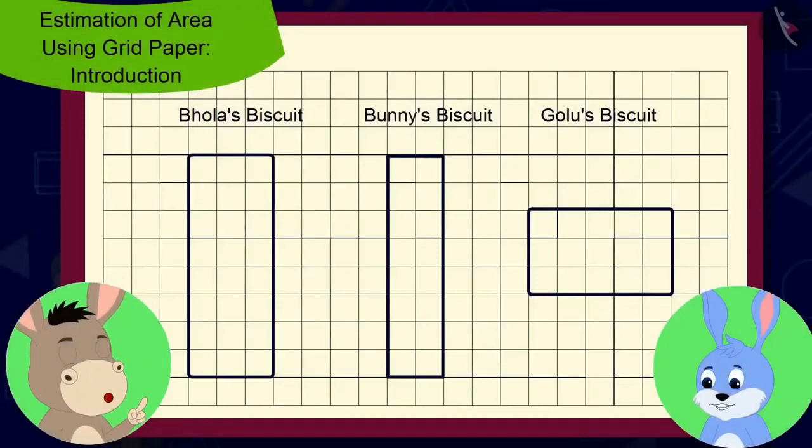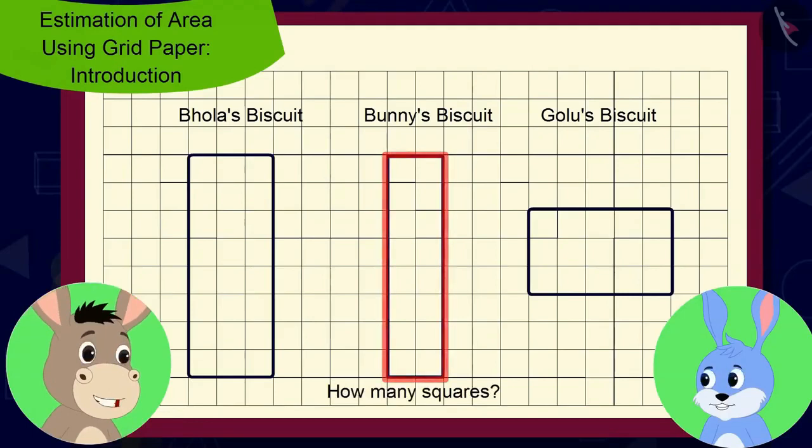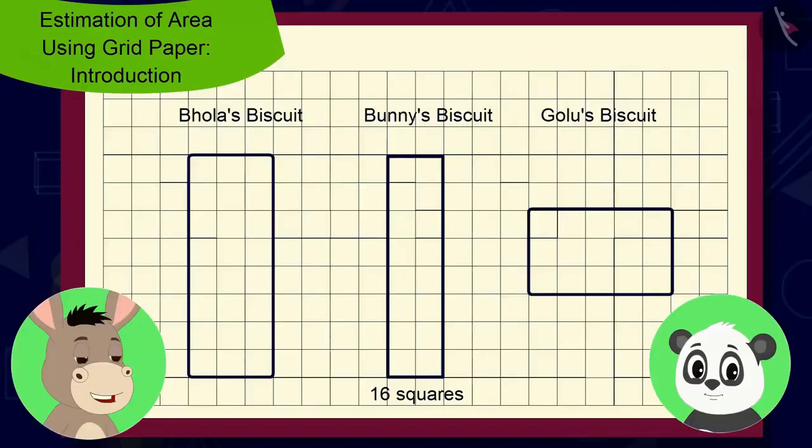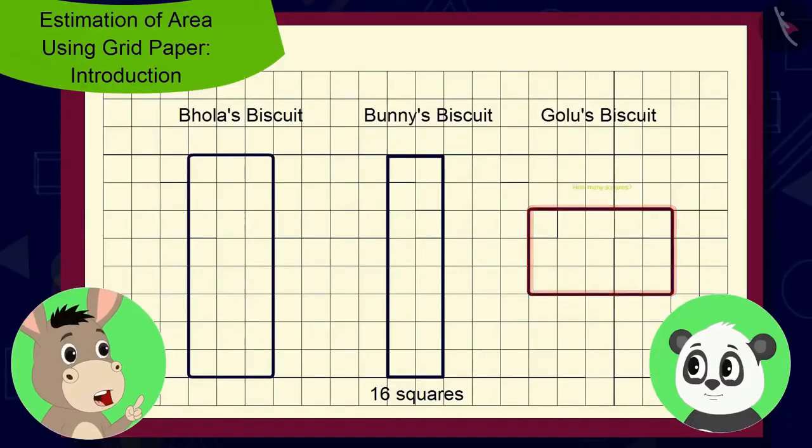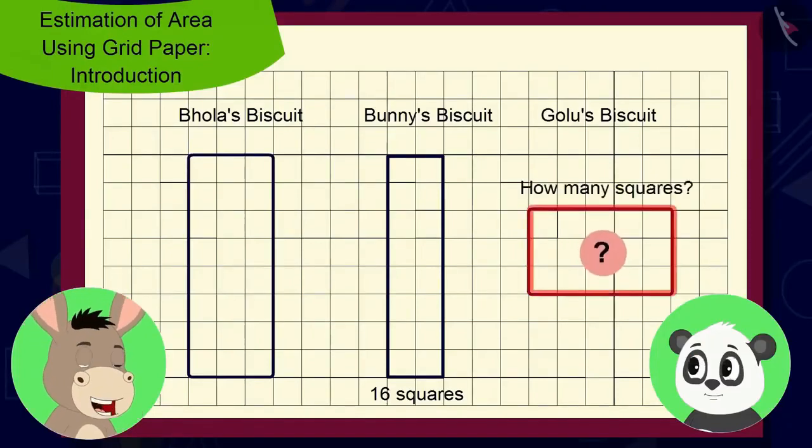Bunny, can you tell me how many squares are there in the shape of your biscuit? Bhola asked Bunny. Bunny quickly counted the number of squares and said, 16 squares. And Golu, tell me how many squares are there in the shape of your biscuit?